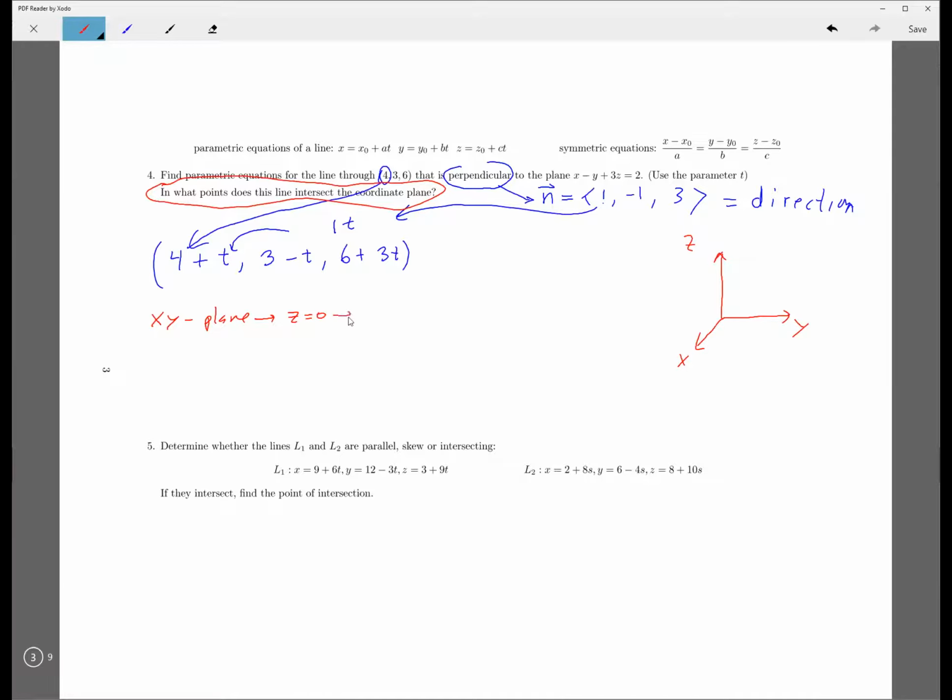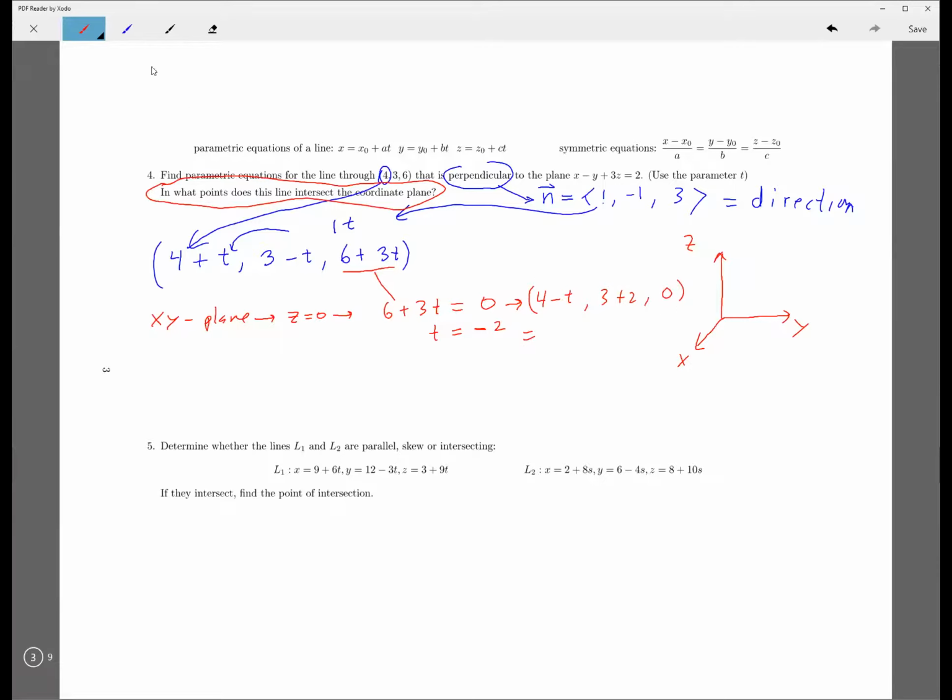So what we're going to do is, here, this is our Z. We're going to force that to be 0 and see what happens. So what value of t is that going to give us? Equal to negative 2. That's negative 2, right? And so if we plug in negative 2 here and here, then that's going to be 4 minus 2, and then this is going to be 3 plus 2, and then of course this is going to be 0.